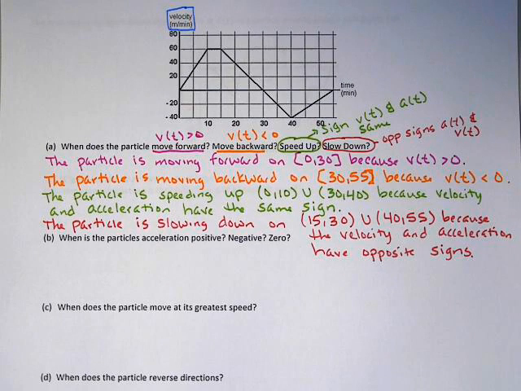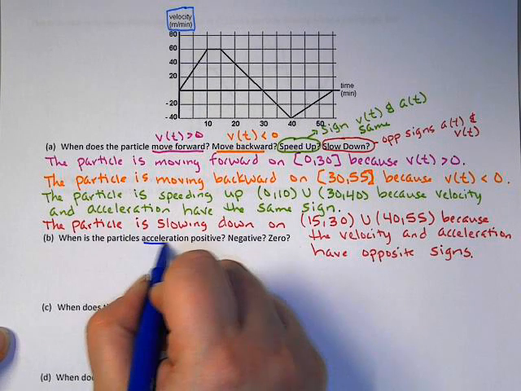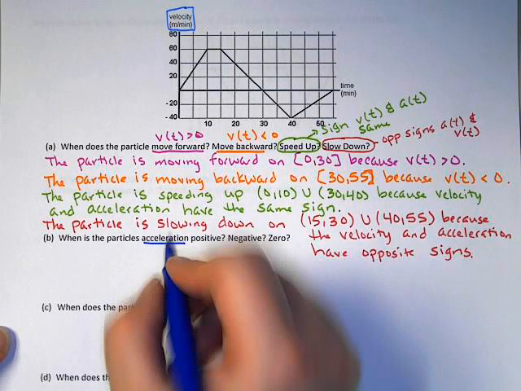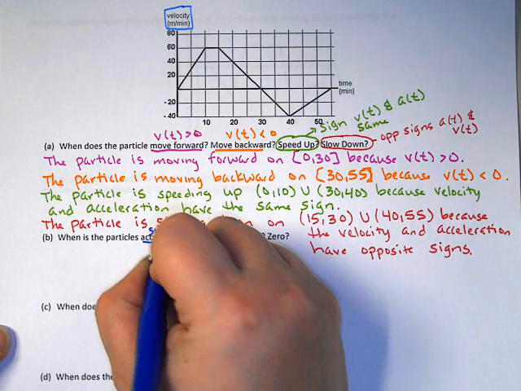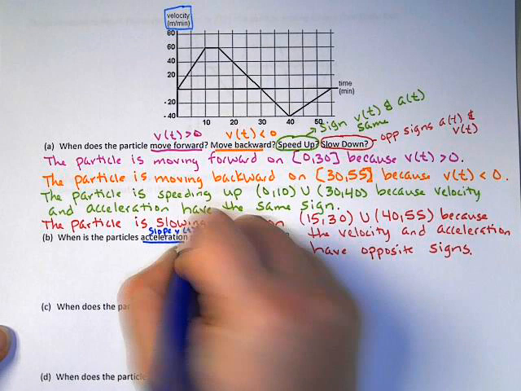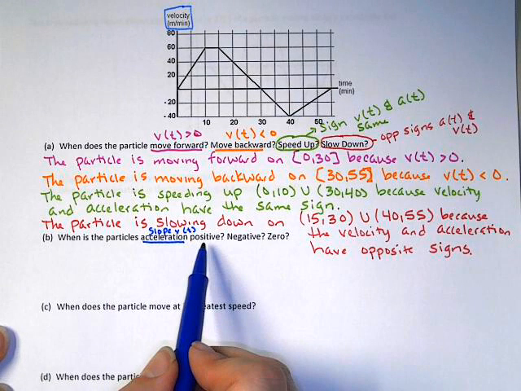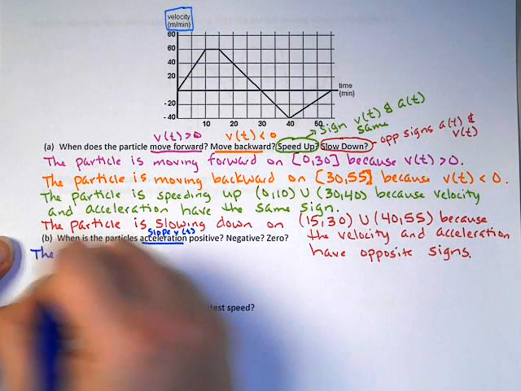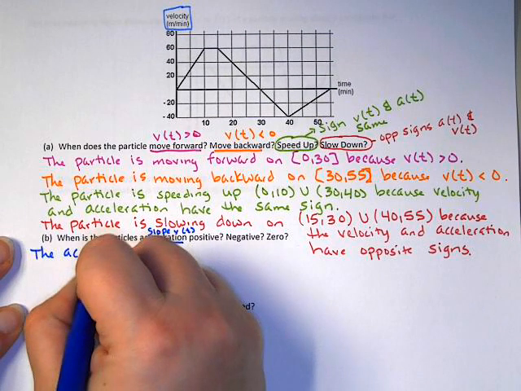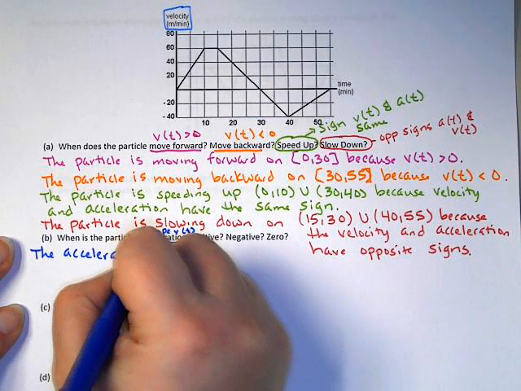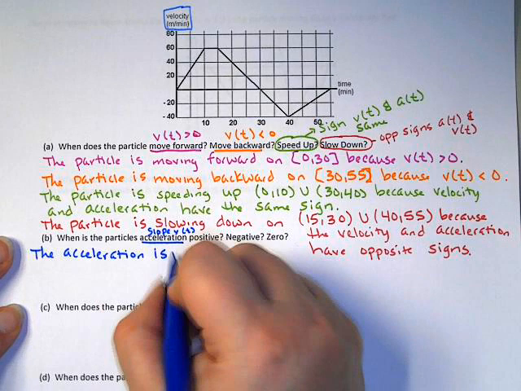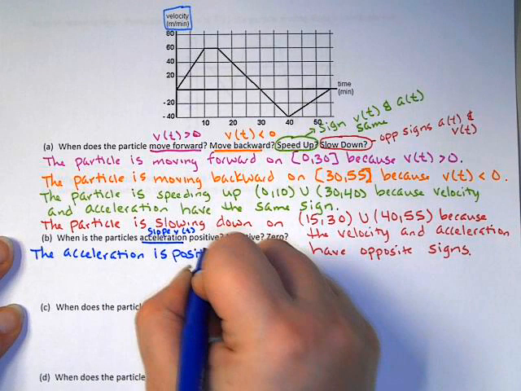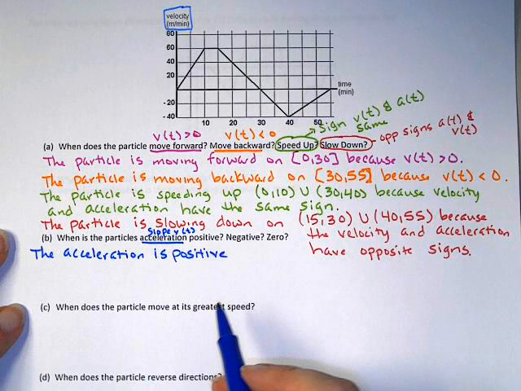All right, when is the particle's acceleration positive? Well, we know that acceleration means that we're looking for the slope of velocity. So if I want the slope to be positive, the acceleration is positive anywhere that the velocity is increasing.